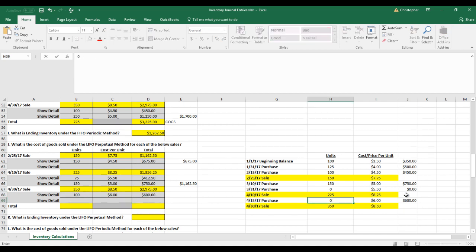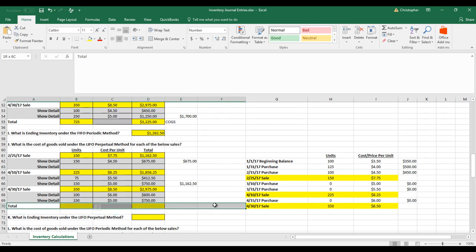We zero this out, we've used it up. The next to last layer was already closed out, so we go back to the 310 purchase. We need 250 more units. We've only got 150 there, so we're going to use them. We're going to close it out. But again, we're not done. We only have 250 units. We need 350. We're going to need to add another line here.